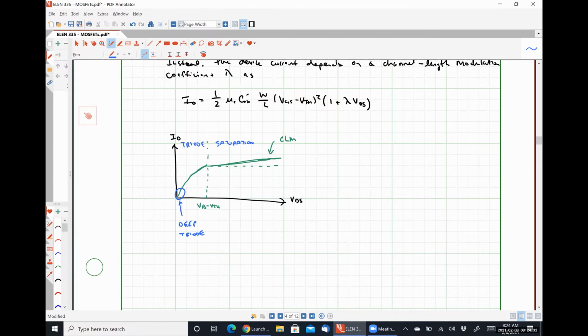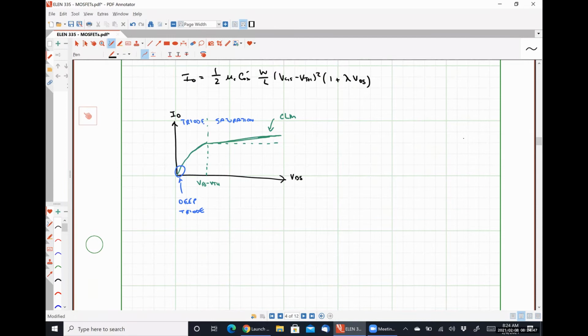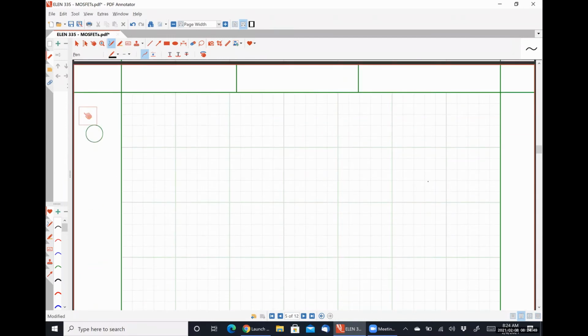The first thing that I would like to talk about is what's called the transconductance, which we had for a BJT and is representing the exact same thing. Change in the current due to a change in the voltage. So let's move along to here. Transconductance, all right.